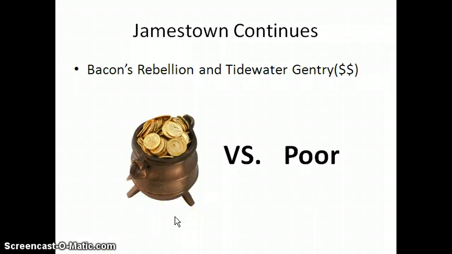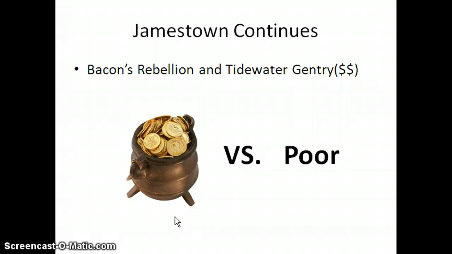Lastly, I want you to know about Bacon's Rebellion and the Tidewater Gentry. Governor Berkeley and Nathaniel Bacon. Bacon was a poor farmer living on the frontier. He asked Governor Berkeley to help fight off the natives that were bothering the settlers and attacking them. But the governor was more partial to the rich tidewater gentry rather than the poor frontier people like Bacon.